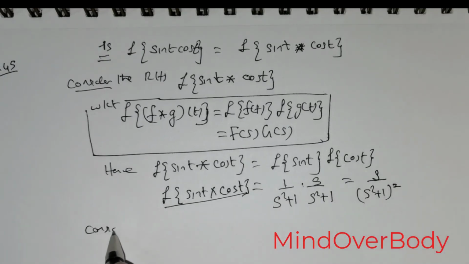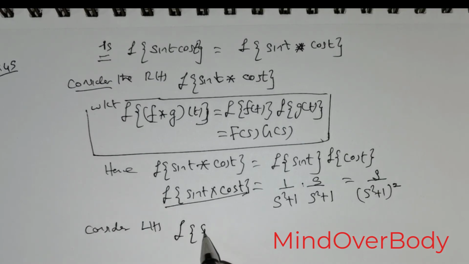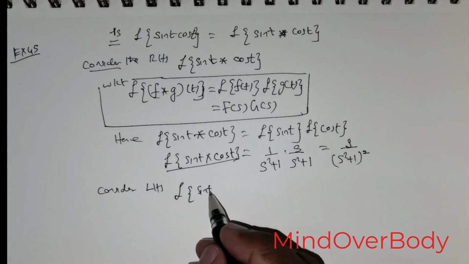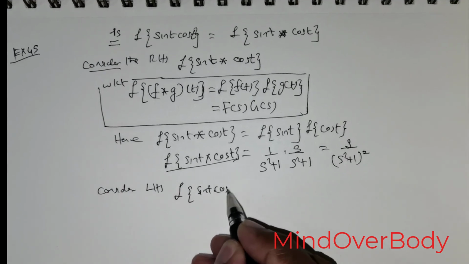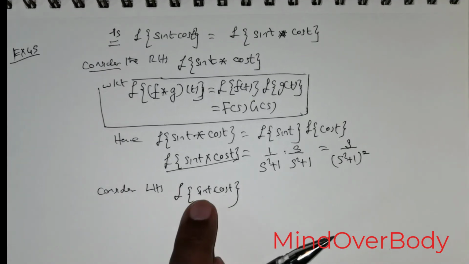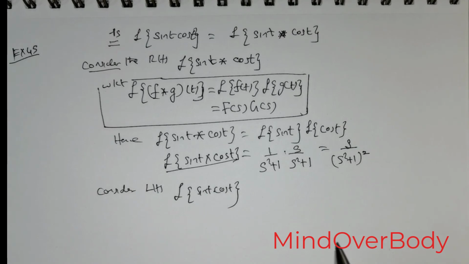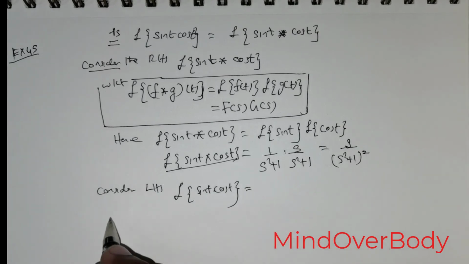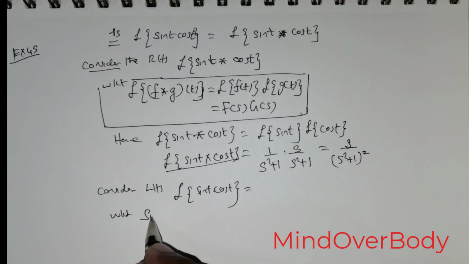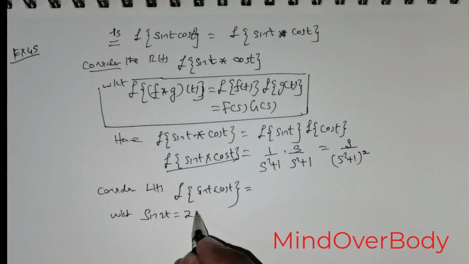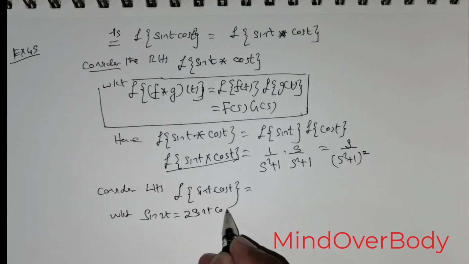So this is what we have got. Now consider the left hand side. The left hand side is Laplace transform of sin t times cos t. So this is the product between sin and cos. A product is taking place. Now we know that sin 2t is 2 times sin t cos t.